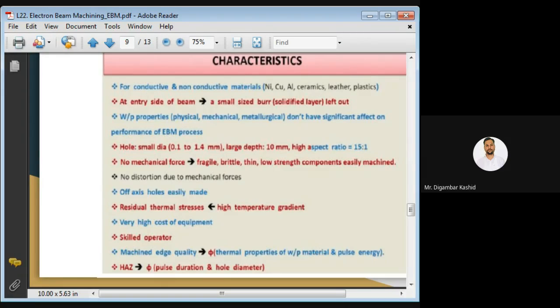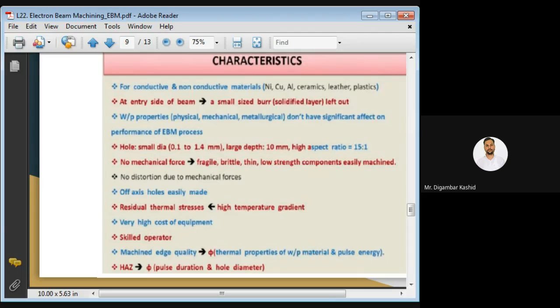As for the machining edge quality, that totally depends on your thermal properties. Edge quality depends on the thermal properties of your workpiece material and the pulse energy.